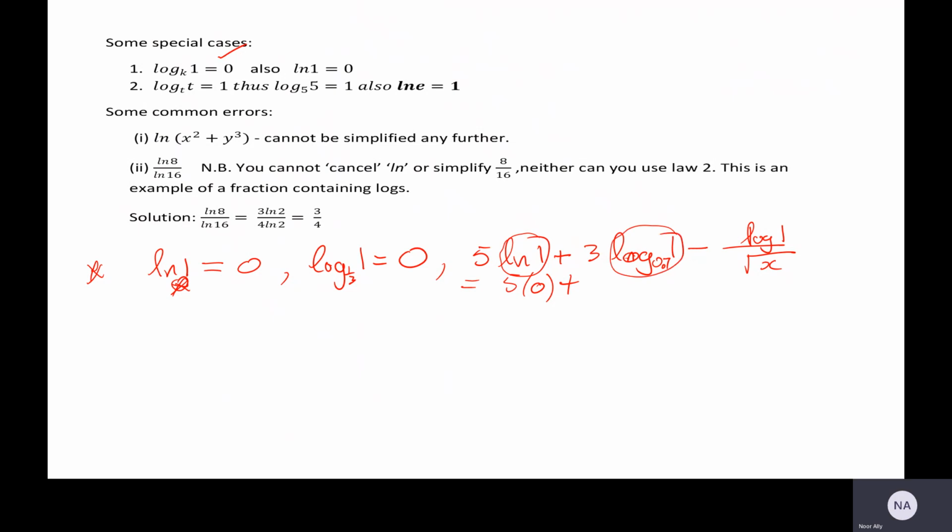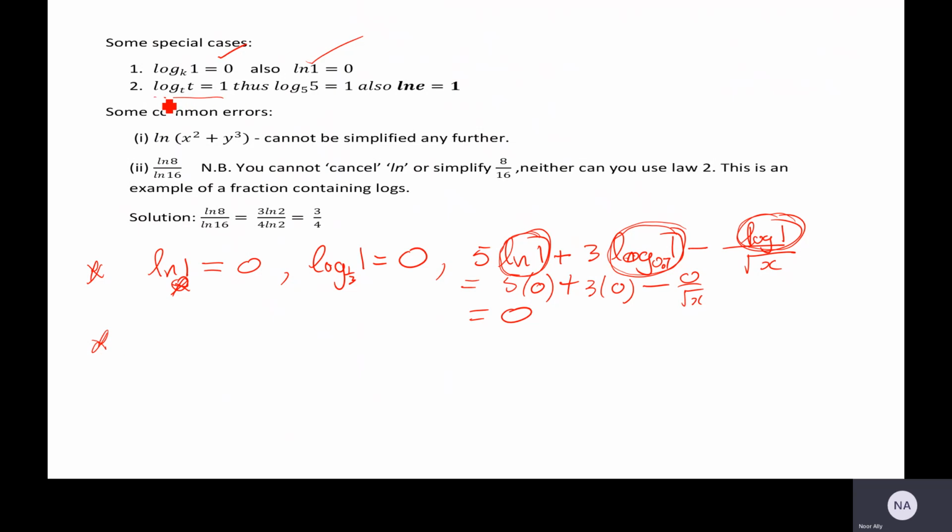What's the log of 1? Doesn't matter what the base is. 0. What is the log of 1? 0. What's your final answer? 0. Now look at that very carefully, because I did not separate ln and 1. I said ln of 1, or the log of 1. The log of 1, ln of 1 is equal to 0.